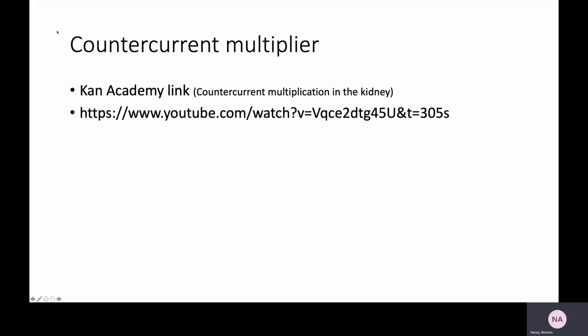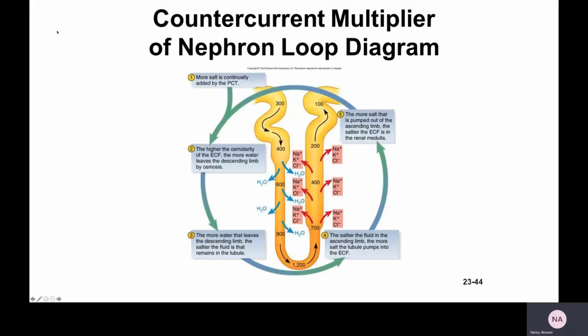There are tons of videos about the countercurrent multiplier on YouTube, on the internet, and this is what you need to know for the purposes of this class. We're talking about the loop of Henle at this point, the nephron loop.